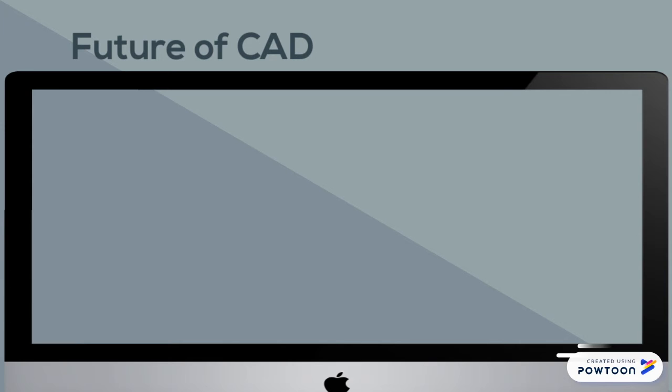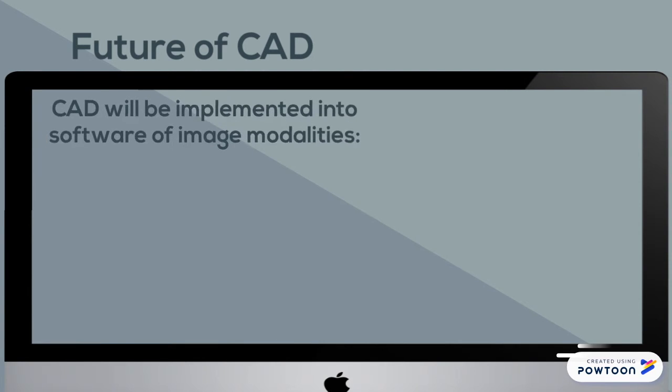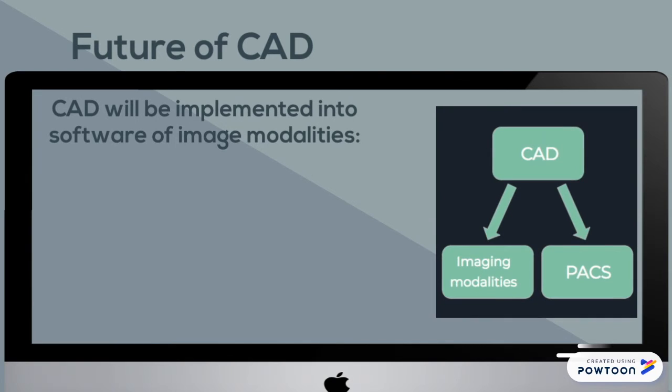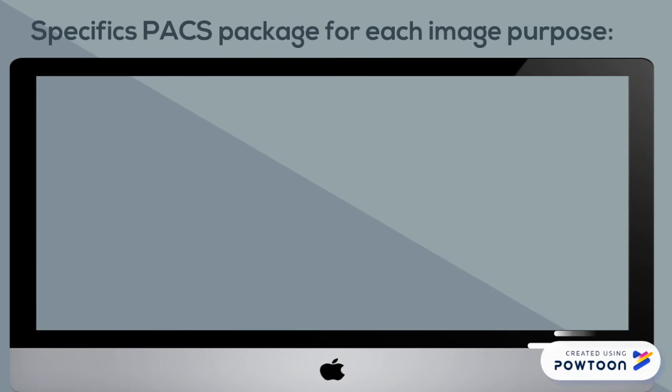According to the article, the separation of CAD into different schemes in the future is highly possible. It is suggested that CAD schemes will be implemented into the software of certain specific imaging modalities like MRI, digital mammography, and CT. Meanwhile, other schemes will be included into packages. These packages will be very specific regarding their imaging goal.